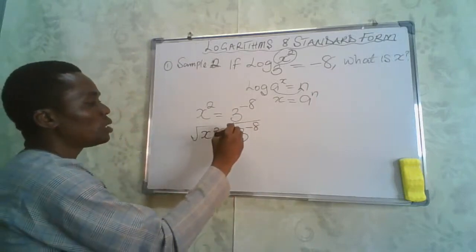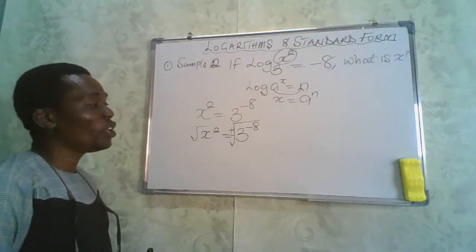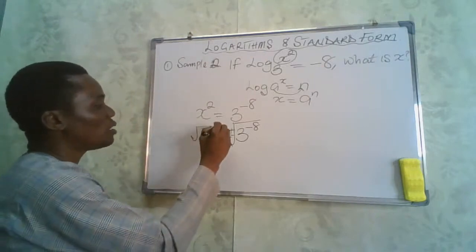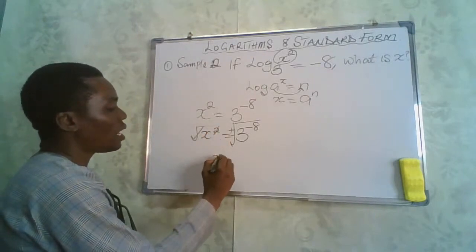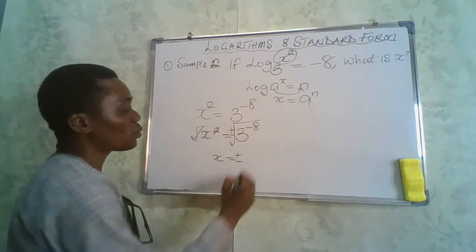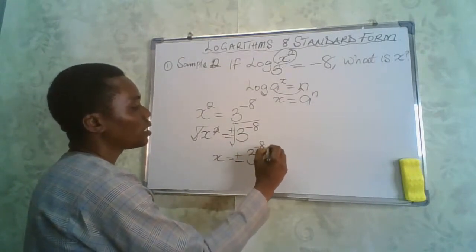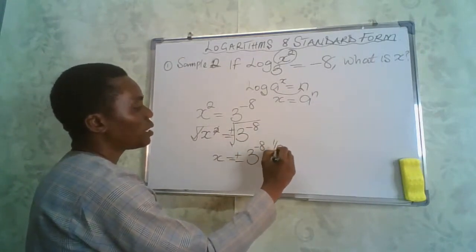The square root gives plus or minus, depending on whether you have it in your answer, because it's a square root. Then our x will be equal to plus or minus 3 to the power of -8 multiplied by 1 divided by 2.